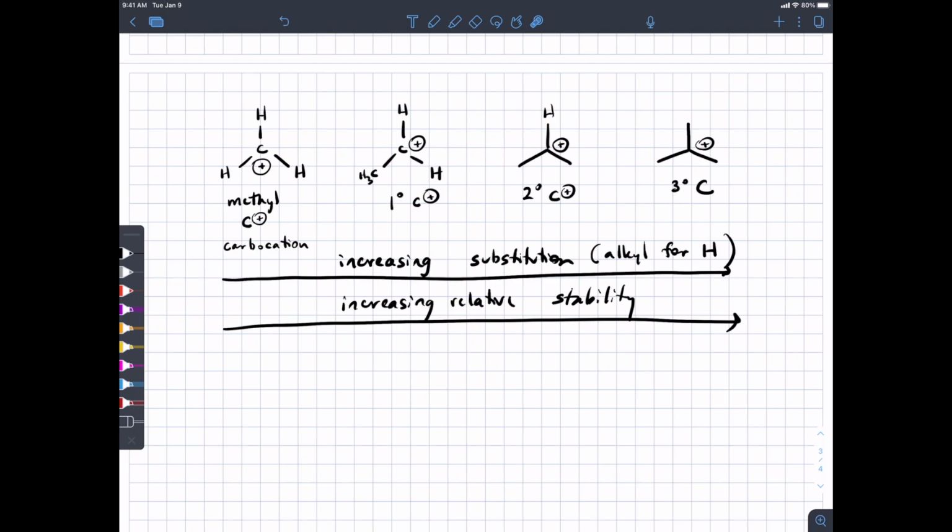It's just that the secondary carbocation is more unstable. The primary carbocation is even more unstable. And the methyl carbocation is even more unstable than that.